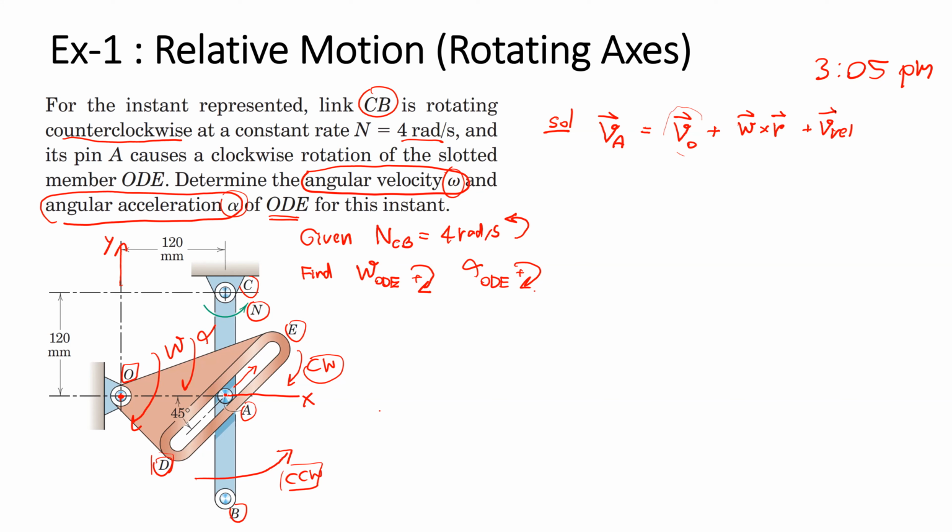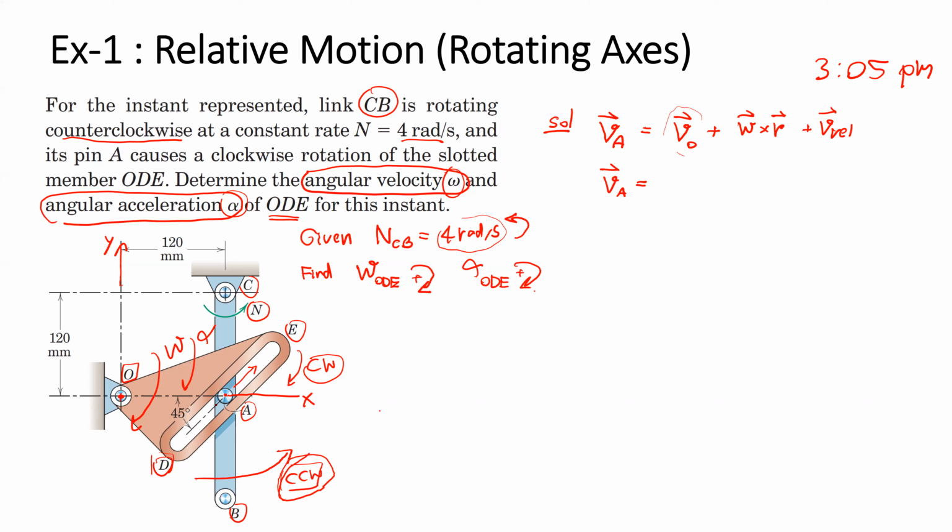What is VA? Do you think we can obtain the velocity vector VA from the information given by the problem or not? We know that the link CB is rotating counterclockwise with a constant angular velocity.